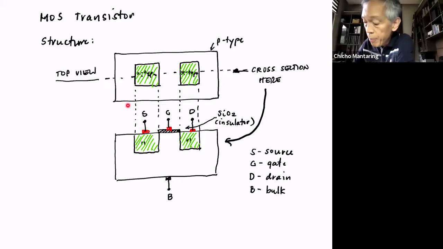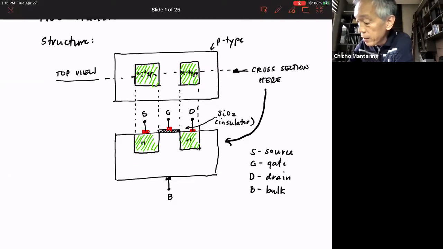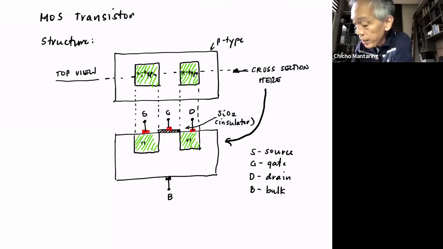Okay, so again, this is the top view. Okay, and then this is the cross section. So if I take a look at the top view again, dapat ilagay ko din dun kung saan yung mga contacts ko, no? So my contacts will be here. I'll have a contact here, and then I'll also have a contact here.